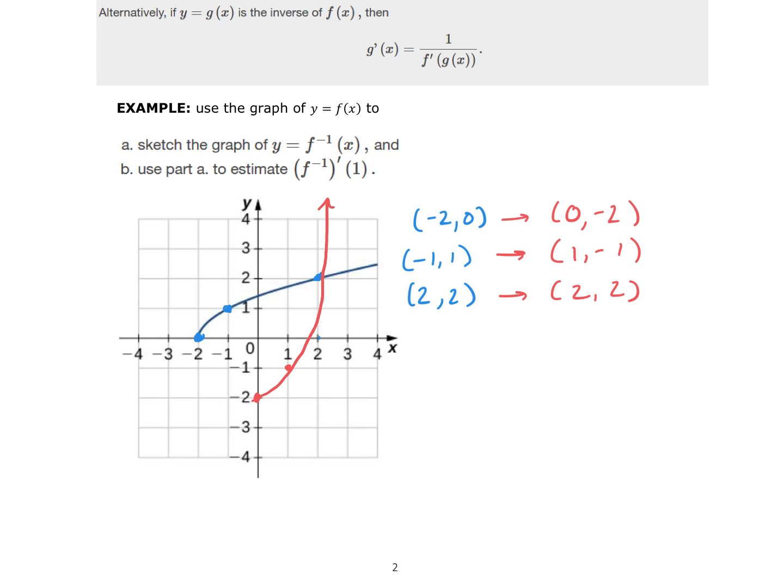If I wanted to estimate the derivative of the inverse at 1, then I would put 1 in, which would be here. Let me tell you where this 1 is coming from. That's the input of my inverse, but it is the output for my original function.